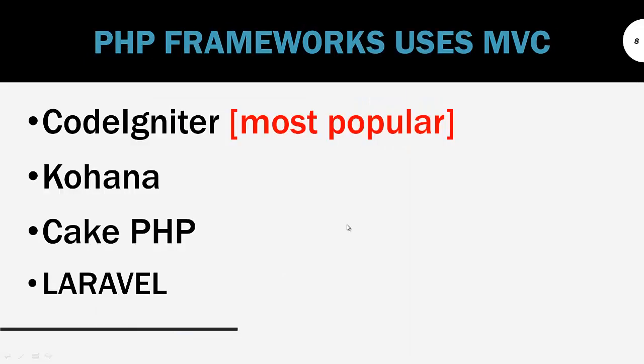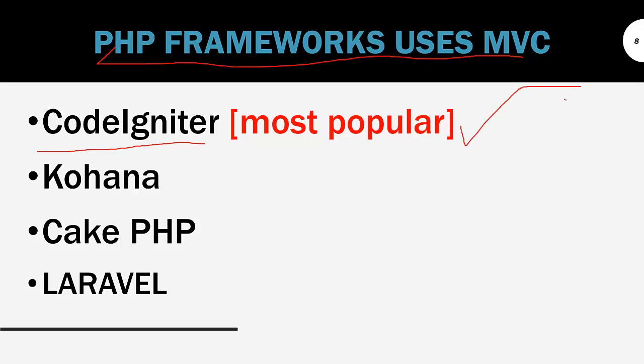So let's see now what PHP frameworks use MVC. There are many popular frameworks, but the most popular is CodeIgniter. CodeIgniter is the most popular PHP framework. It also uses MVC, and you can also use HMVC.